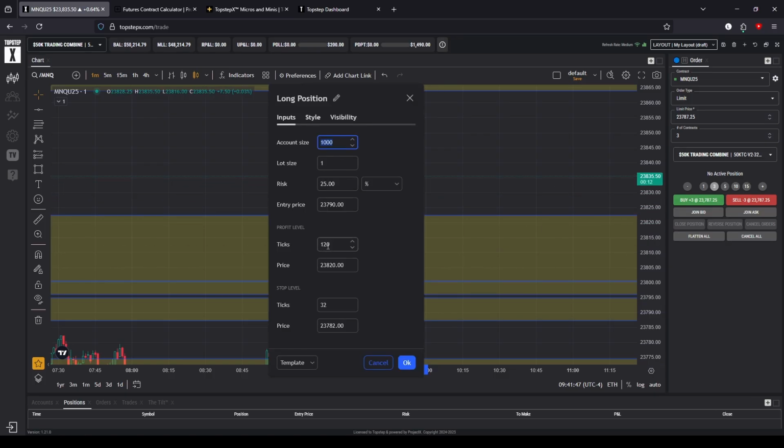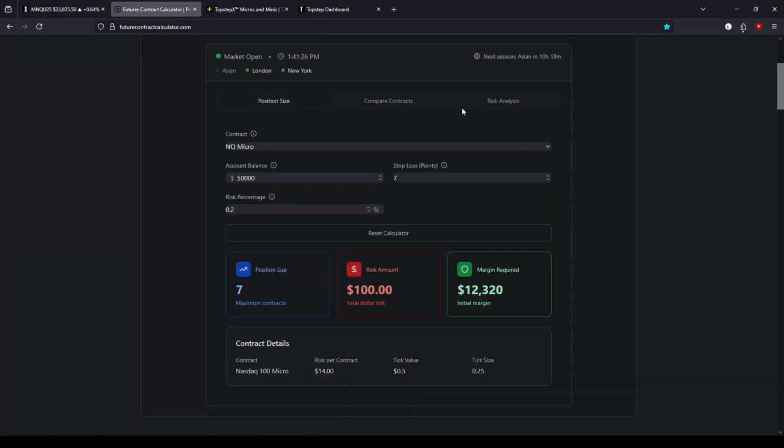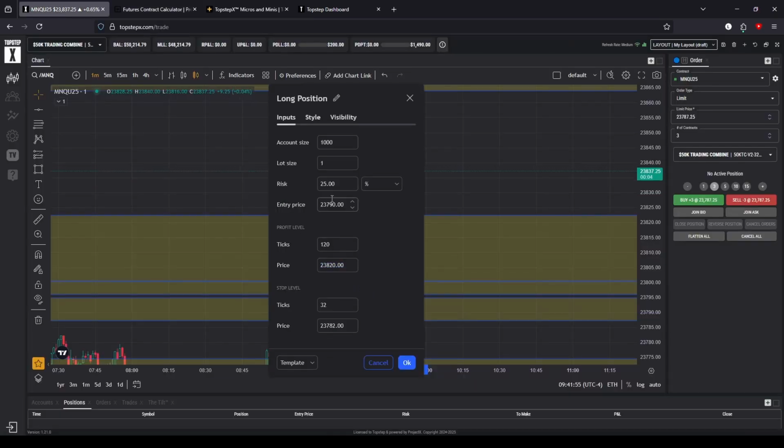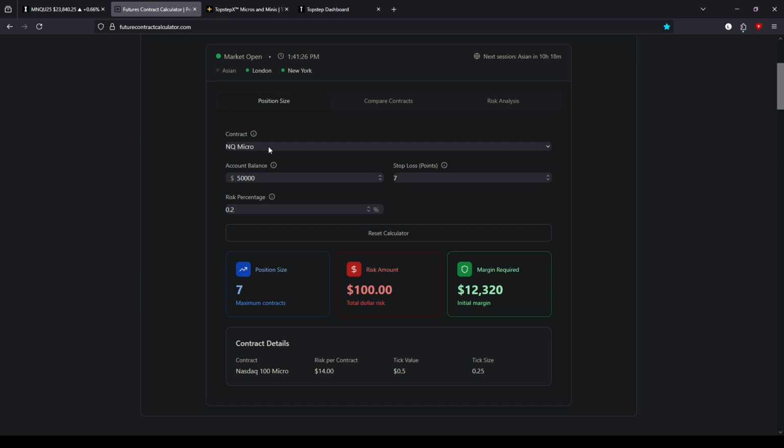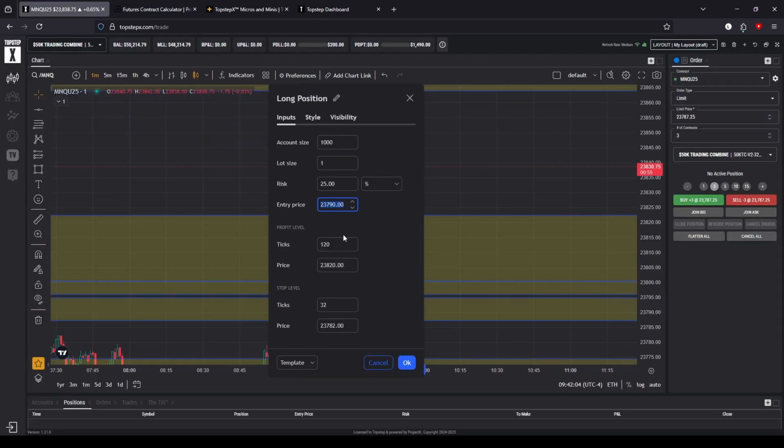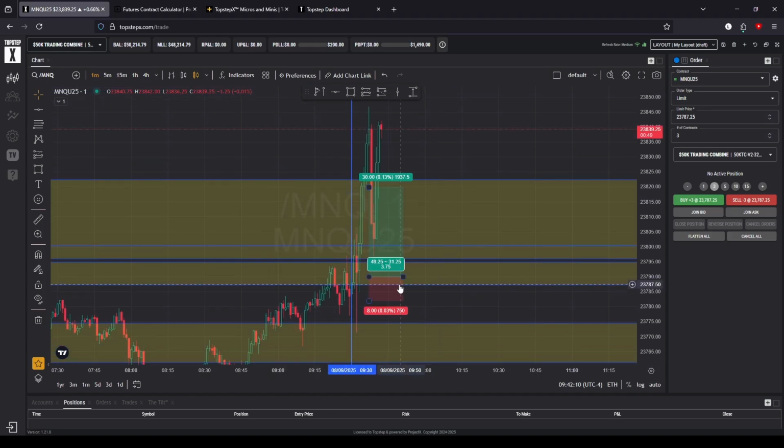So let's see, profit level, or no, wait. Entry price, this is MNQ, yep. Stop loss is 7 points, right? 8 points.